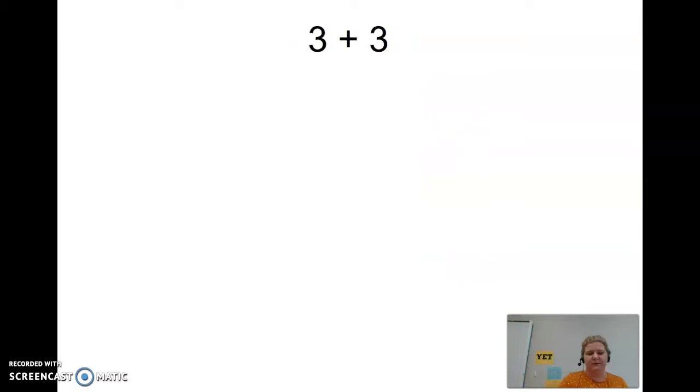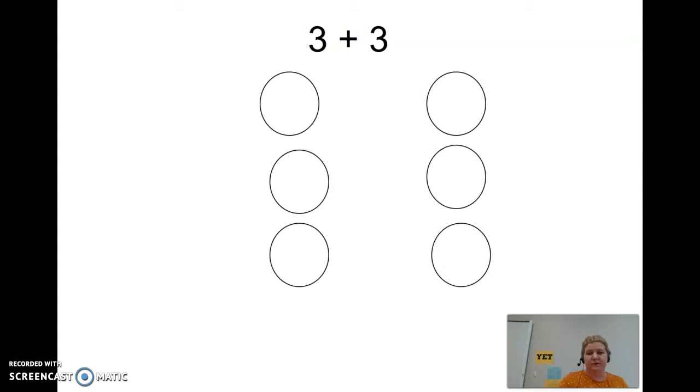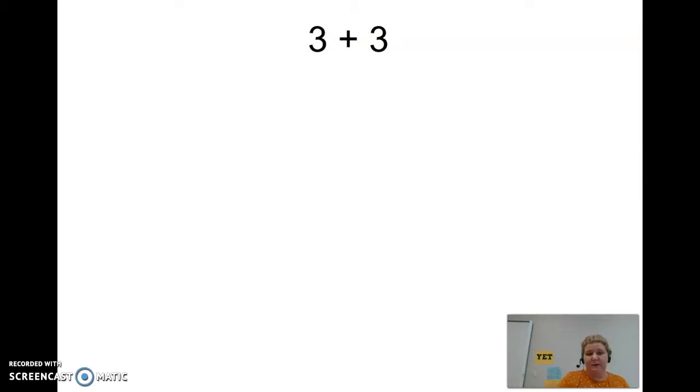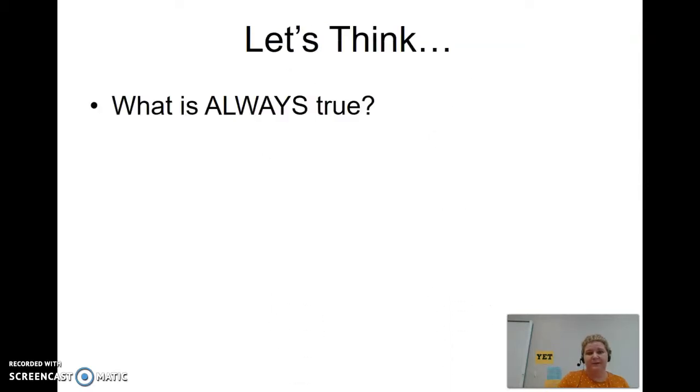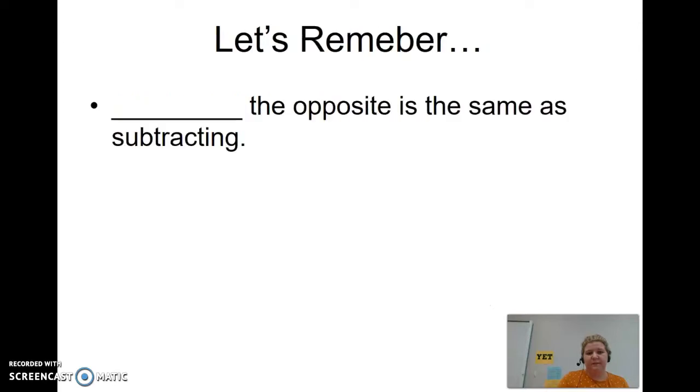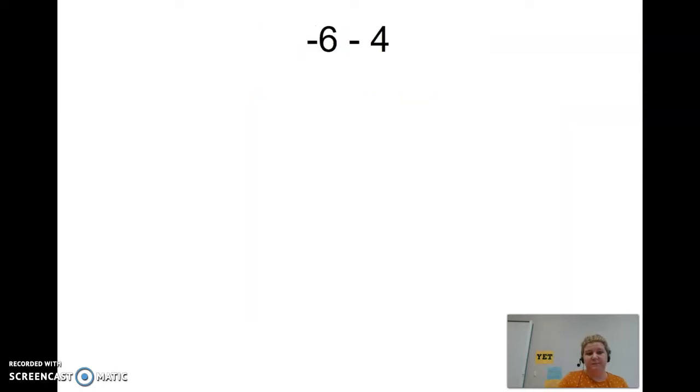Here's another one. That's showing that 3 minus negative 3 is the same as 3 plus 3, which is 6. Okay, what's always true? I'm going to let you fill this in. Here's another problem.